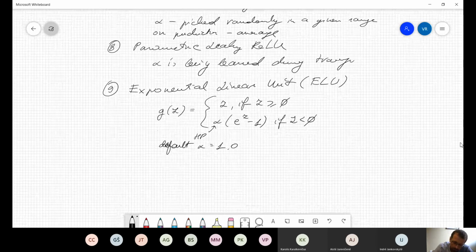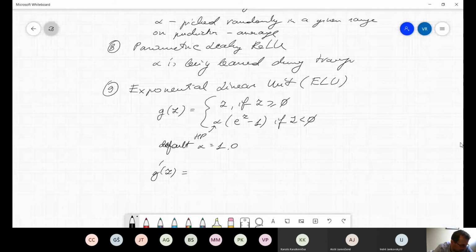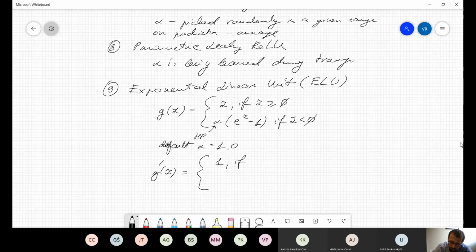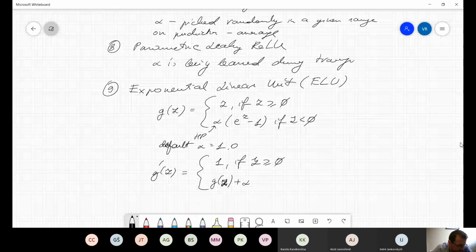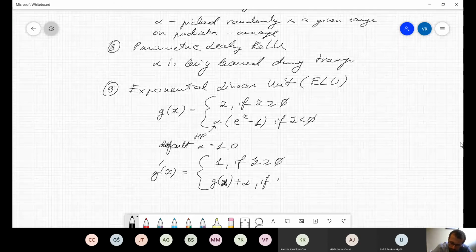So basically the derivative of this would be equal to, obviously, 1 if z is greater than or equal to 0, and g(z) plus alpha if z is less than 0.